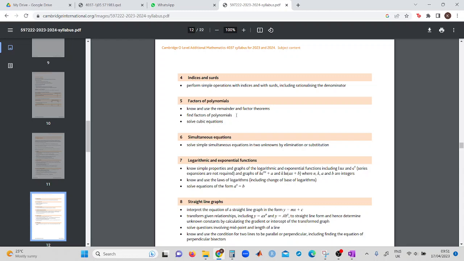You do your trial and error first. When I get 0, that is the dividend factor. Then you proceed with your division, and then you might get a quadratic, and then you solve your quadratic. These are how you find the factors of polynomials, and also cubic equations. So for factors of polynomials, that is what you have. These 3 main points.